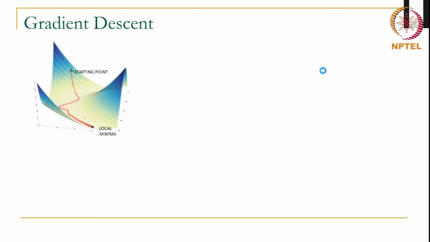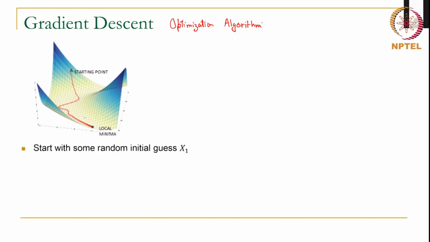So remember, gradient descent, the simple idea is it's an optimization algorithm. This is important to remember. In between all these, there are a few moving parts, but all gradient descent is, if you give it a function to minimize, it's supposed to minimize it. The way to do it is to start with some random initial guess.